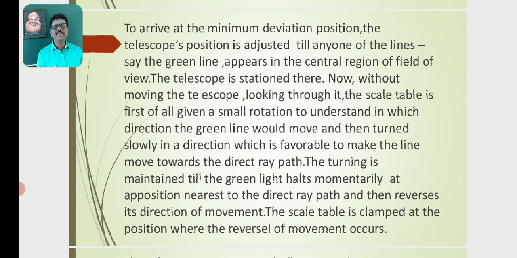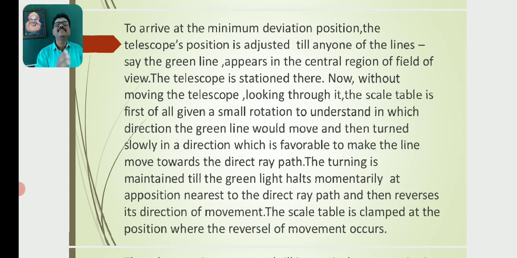To arrive at the minimum deviation position, the telescope position is adjusted till any one of the lines, say the green line, appears in the central region of the field of view. The telescope is stationed there. Now without moving the telescope, looking through it, the scale table is first given a small rotation to understand in which direction the green line would move, and then turned slowly in the direction which makes the line move towards the direct path.